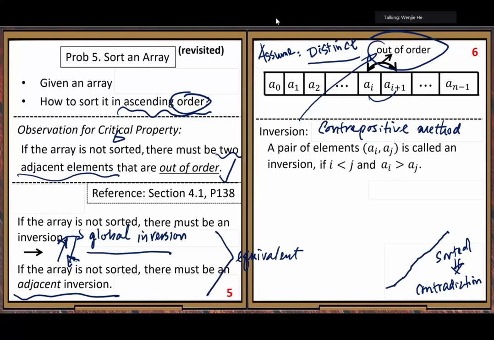You have a global version and a local version. The bottom is the local version. Which is better for implementation? The local version, because you do less work.